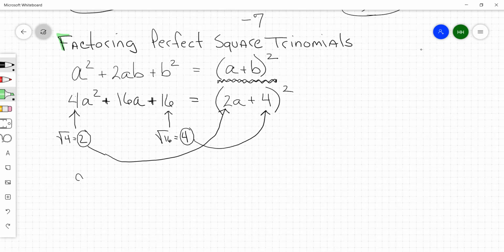If you had something like 9x squared plus 36x plus 36, this would factor to the square root of 9, which is 3x, plus the square root of 36, which is 6, squared.